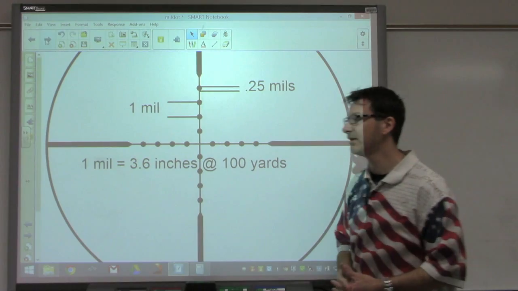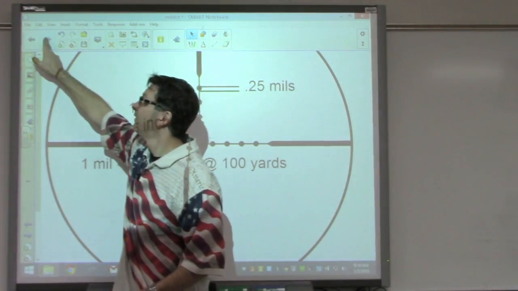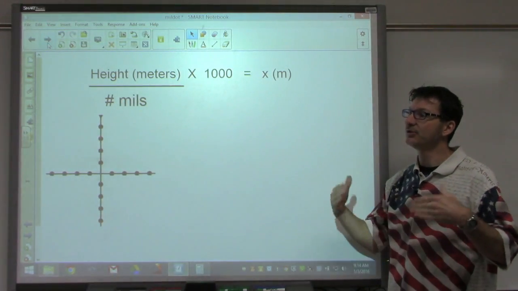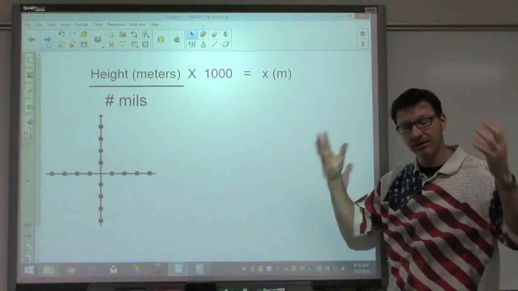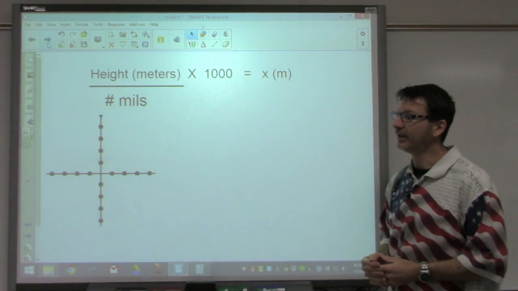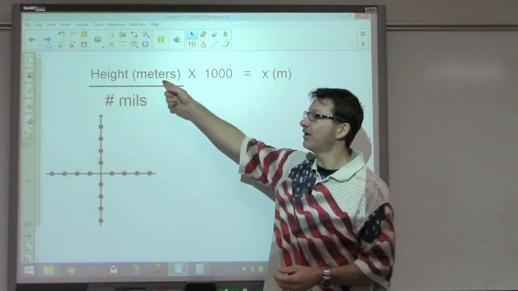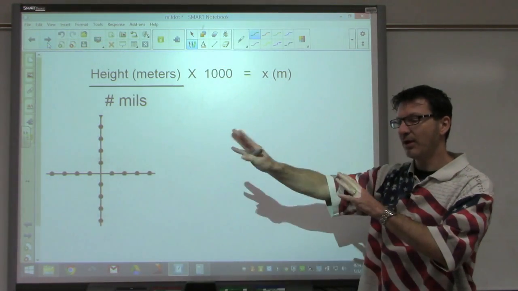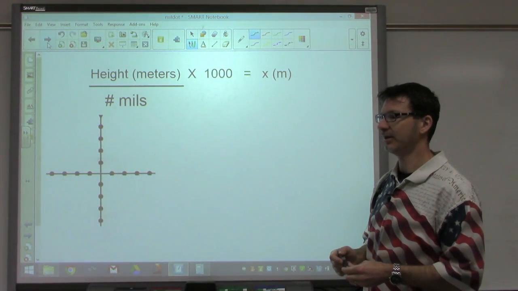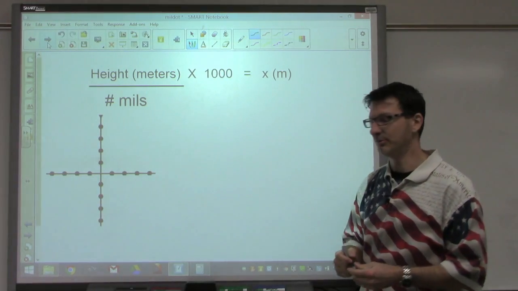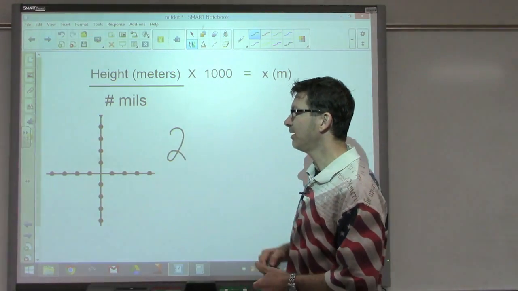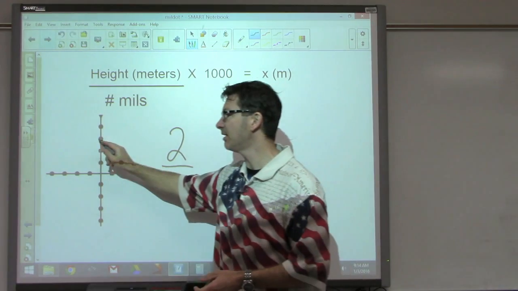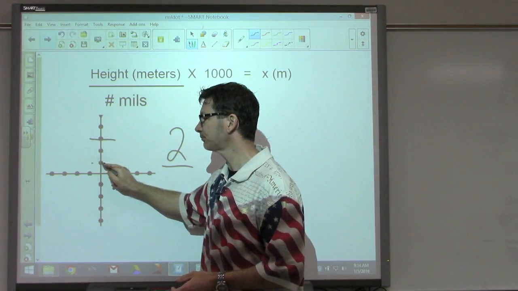All right, let's go to the first formula as a demonstration. This one is the most user-friendly of the formulas to calculate in your head. If you know the height of your target in meters, let's say, for example, you don't know how far something is out there, but you can see that it's about 2 meters tall. We look through our rifle scope and notice it takes up about this much room.